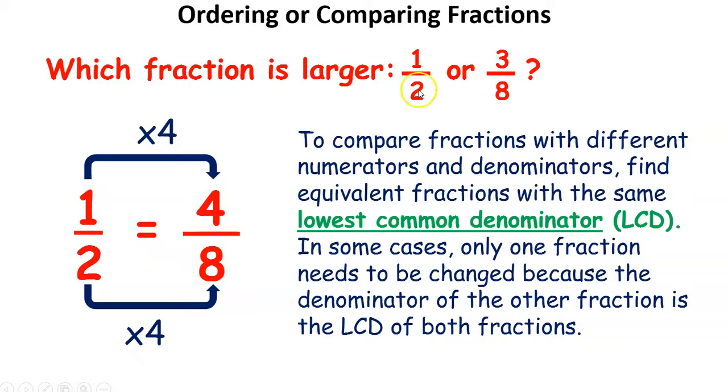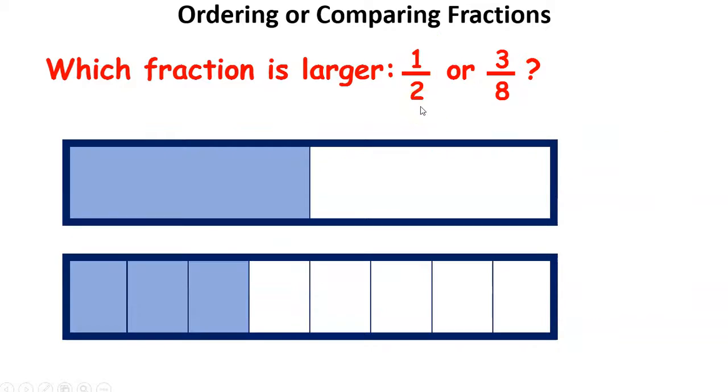Now when I compare my fractions, is 4 over 8 larger than 3 over 8? And in this case, it is. So my larger fraction happens to be the half, because we know that 4 over 8, which is equivalent, is the larger fraction. Okay. I've actually shown it to you here visually. So this is 1 part out of 2, or a half.